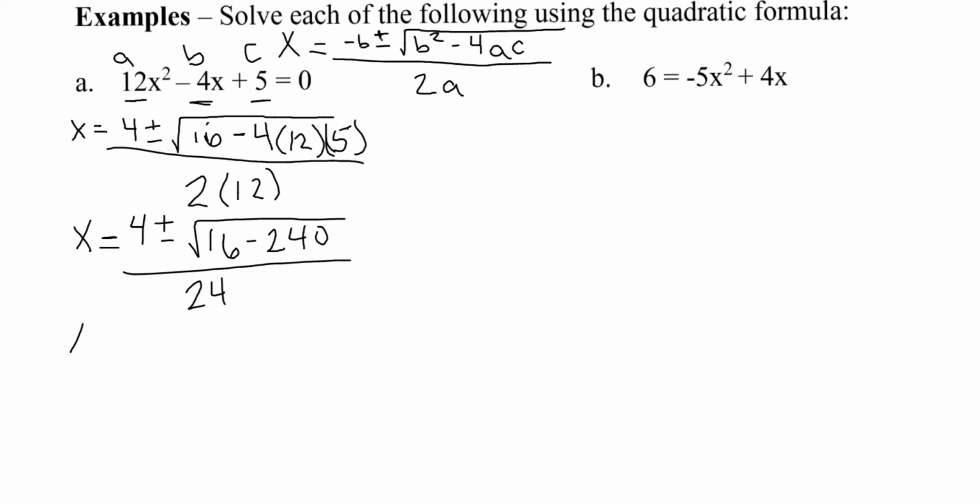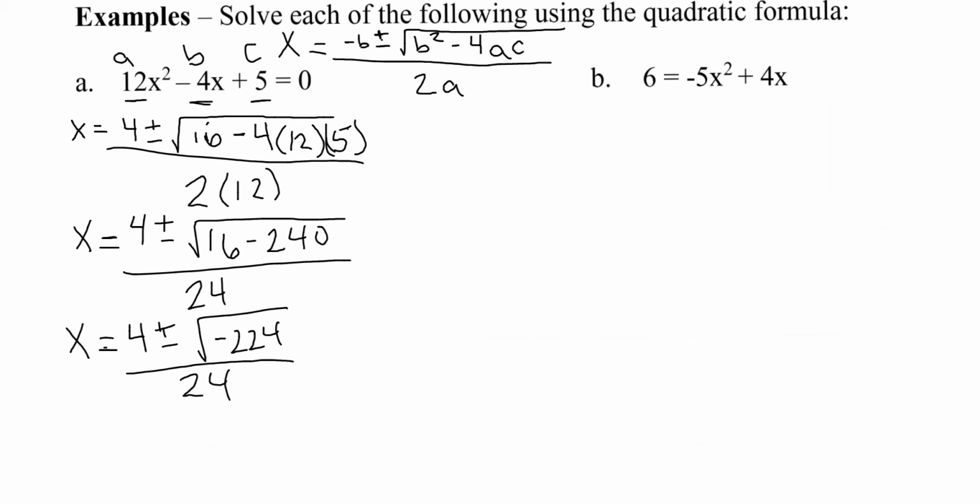So I'm going to get x is equal to 4 plus or minus the square root of 16 minus 240 is negative 224, and all over 24.